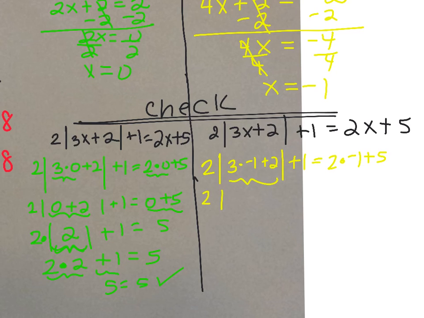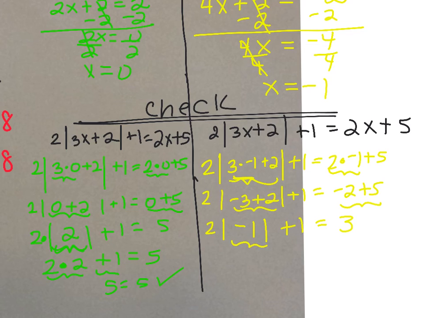So it's 2 times the absolute value, 3 times negative 1 is negative 3 plus 2. Now on the outside, plus 1 equals 2 times negative 1 is negative 2 plus 5. So we have 2 times the absolute value of negative 3 plus 2 is negative 1. I'm outside the absolute value, plus 1 equals negative 2 plus 5 is 3.